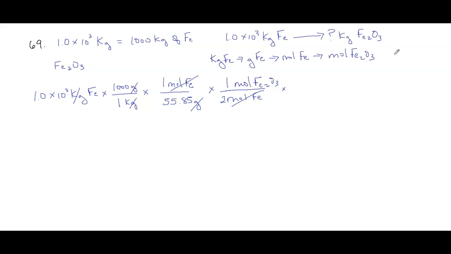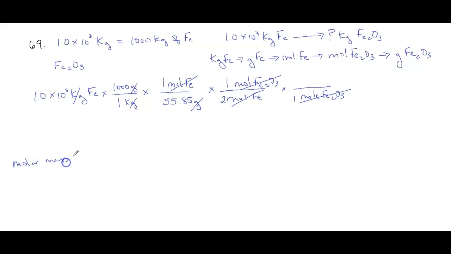So the next thing we need to do is go from moles of Fe2O3, iron oxide, to grams of iron oxide. And to do that, we need to know our molar mass, so 1 mole of Fe2O3. We have to do the calculation, so you have to find the molar mass somewhere else.